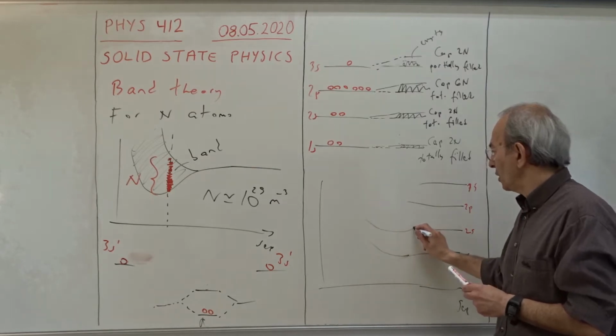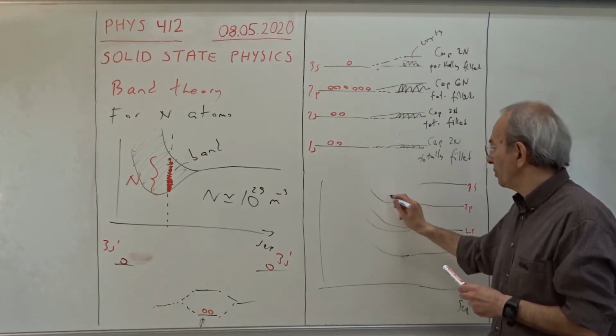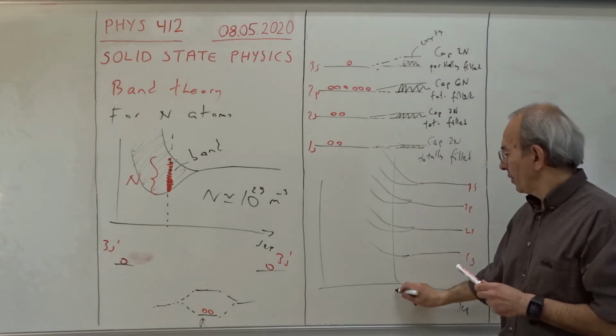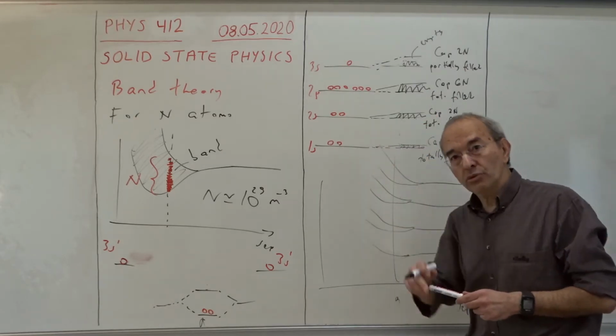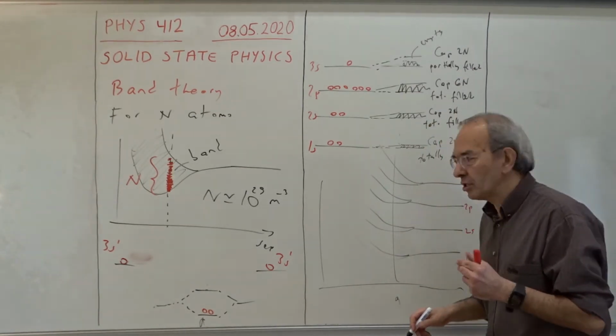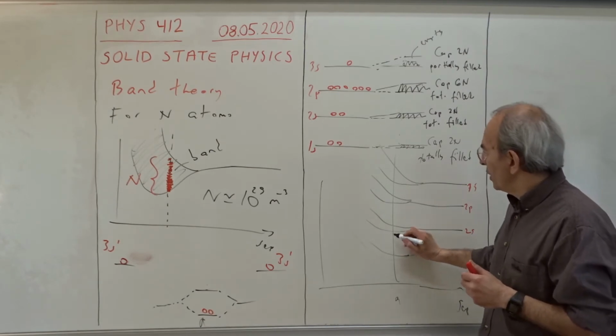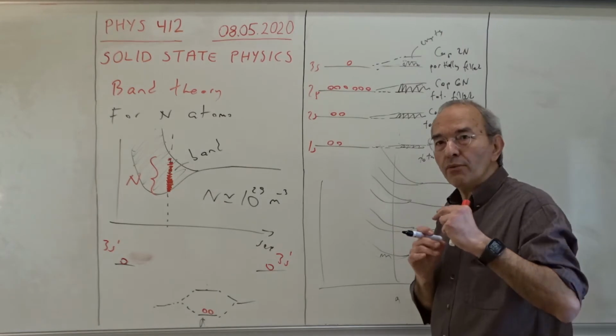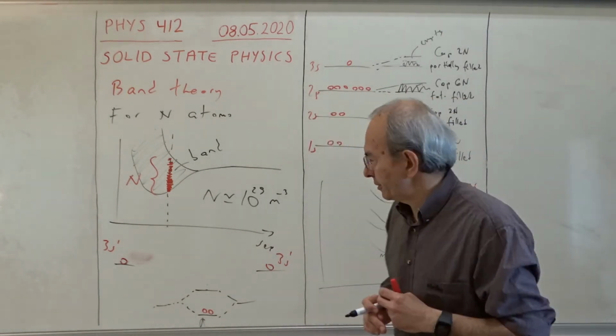This splits into a bit larger band. This is a larger band, and this is the largest. So as you go from the bottom to the top positions at the equilibrium separation, the lattice constant a, as you see, these energy states are getting gradually wider and wider. All right.